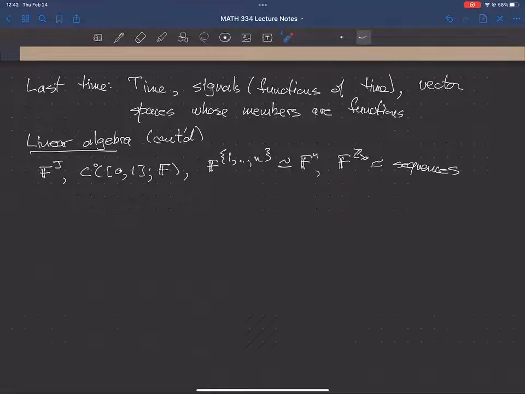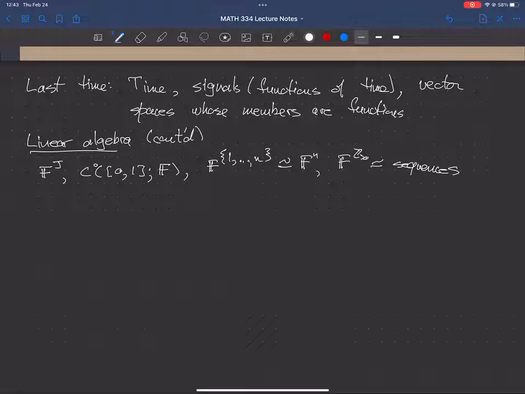Now, if you're going to talk about a vector space, there's really only one thing that characterizes a vector space in the absence of any other kind of structure, and that's the dimension of the vector space. What I mean by that is that if you have two vector spaces, what does it mean for those vector spaces to be equivalent or the same as vector spaces?